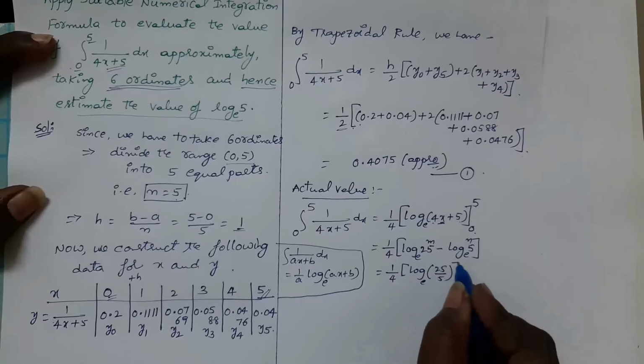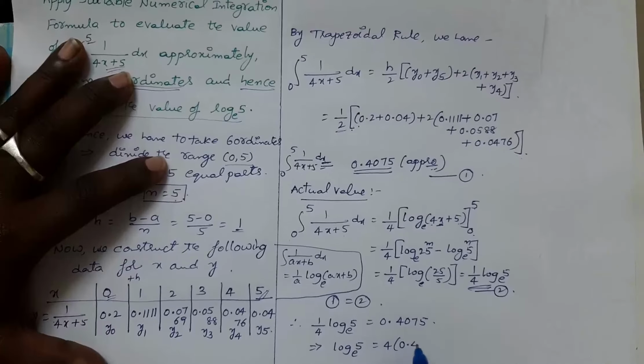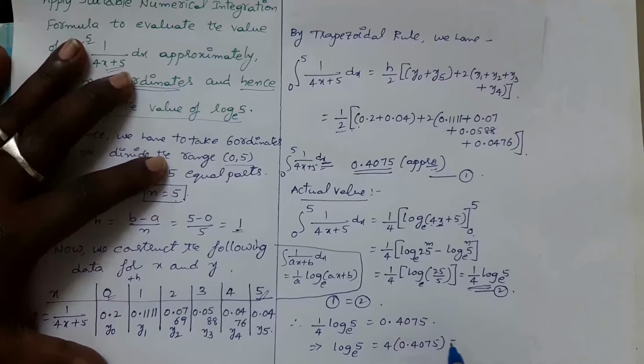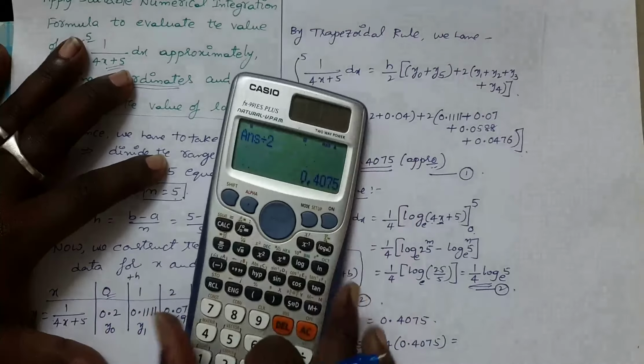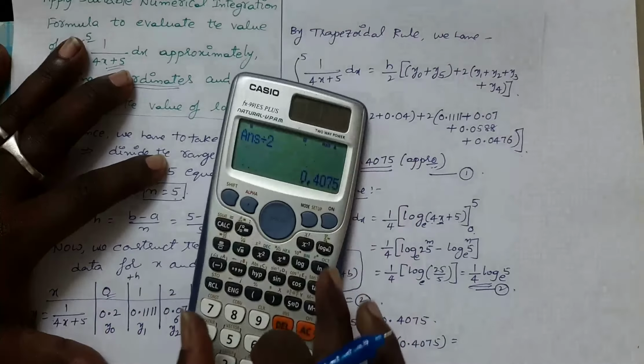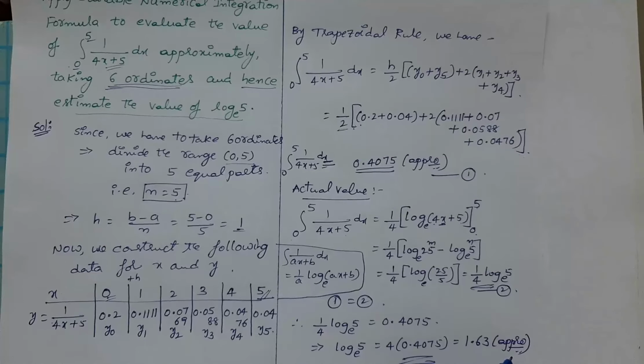From this we have to calculate the value of log 5, which is 4 times 0.4075, which is equal to 1.63 approximately. This is an estimated value, but it may not be an exact value. That's why you should write approximately for the conclusion step.